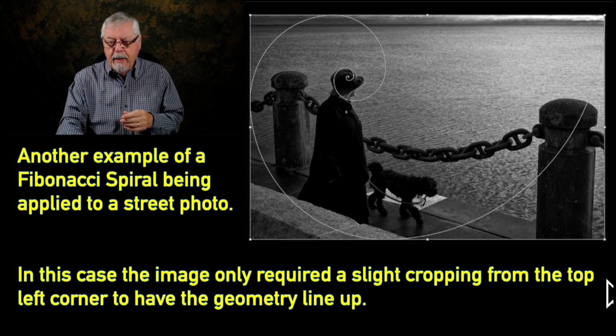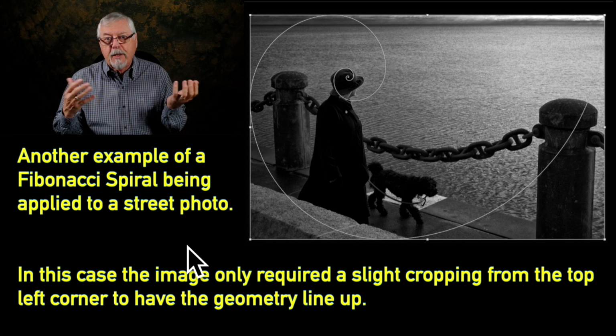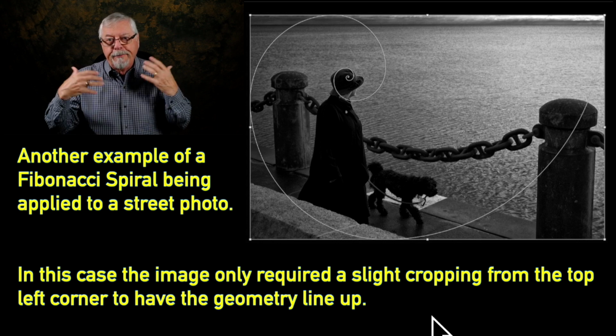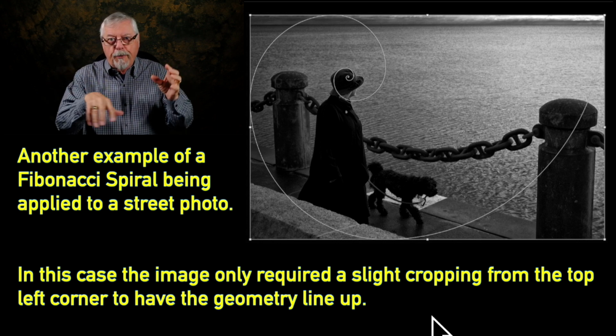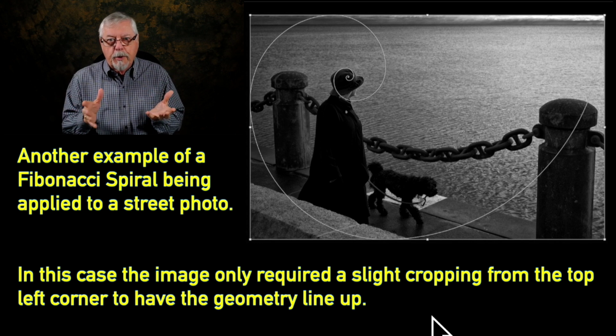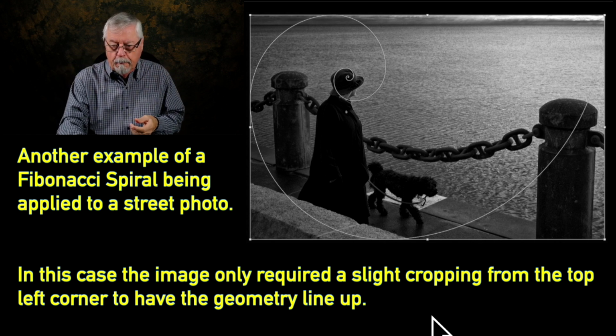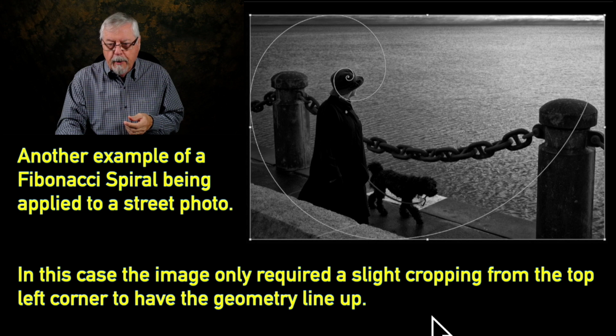And all I really did was pull down the corners to lessen the amount of sky, and the spiral dropped in, and you can see it just flows beautifully around the woman in a hat, up, and you can see how the spiral is echoed in the chain and in the dog leash. It's quite interesting how that spiral tends to flow through the photo once you start thinking in those terms. Let's take a look at another one.